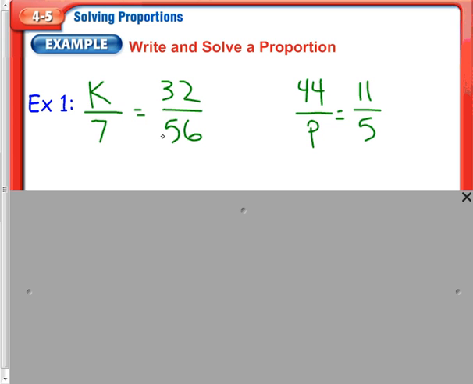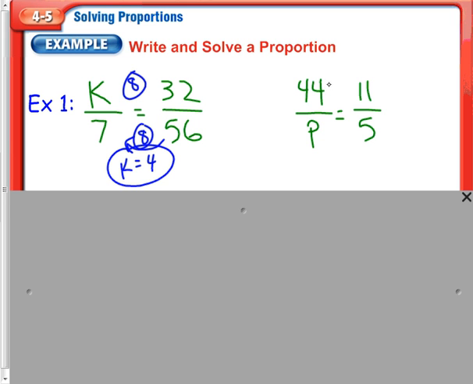I know these two numbers, but I don't know K. To get from 56 to 8, I know that I have a factor of 8 happening in there. So if I think of a factor of 8 happening up here to get from 32 to K, I know that K is going to be equal to 4, because 4 times 8 is 32, 7 times 8 is 56. So you can sometimes do this without doing cross products.